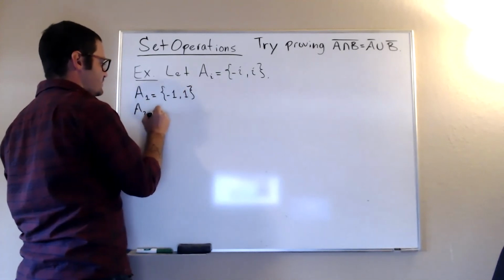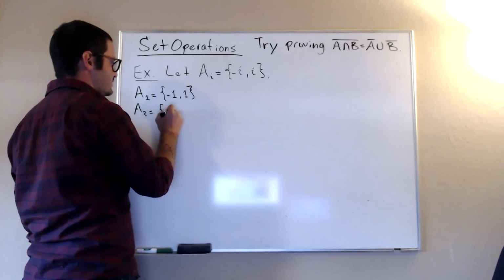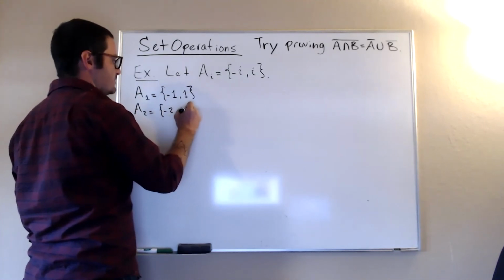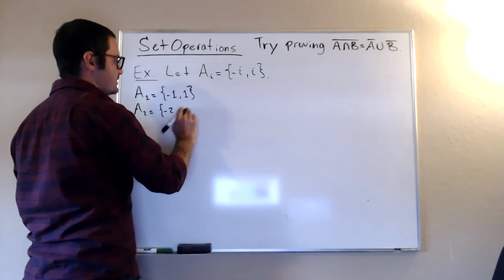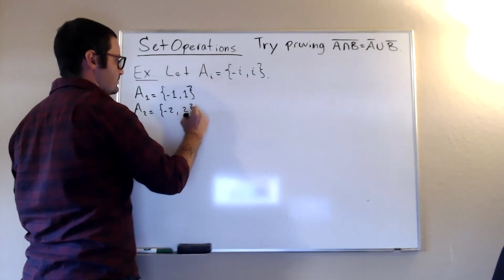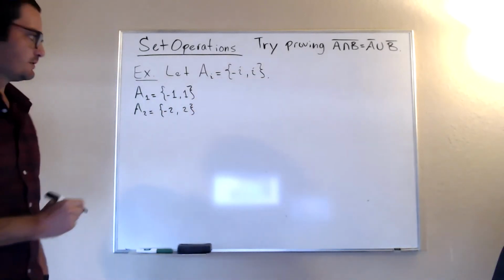A sub 2 is equal to negative 2 comma positive 2, and so forth and so on.